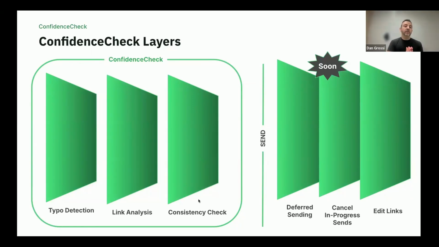Last up, something we're calling a consistency check. This is a general one where we're looking for any clues that seem off, right? Dates that may accidentally reference the past, a day of the week in a date that doesn't actually match the date itself, numbers that just don't add up, logical errors.